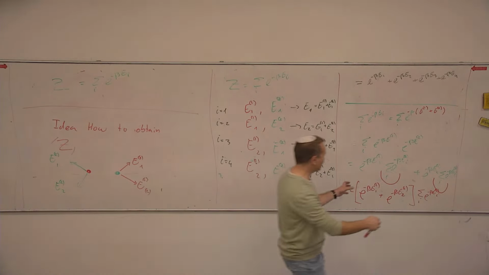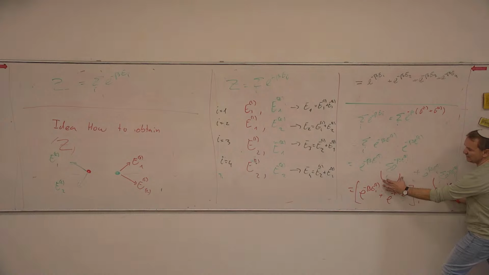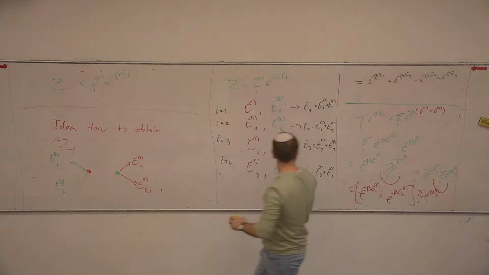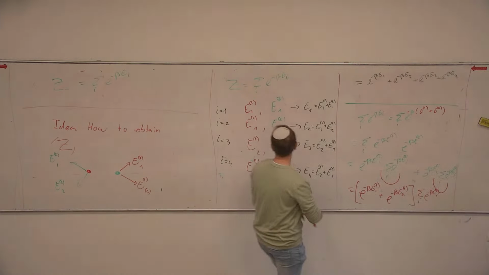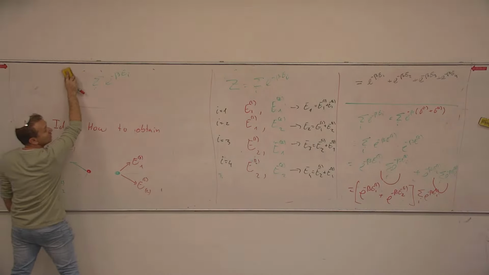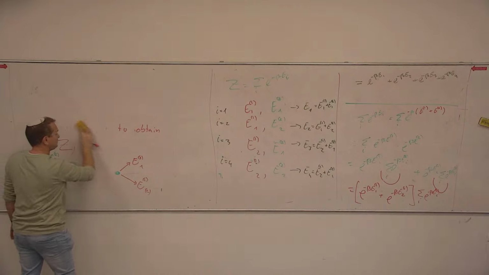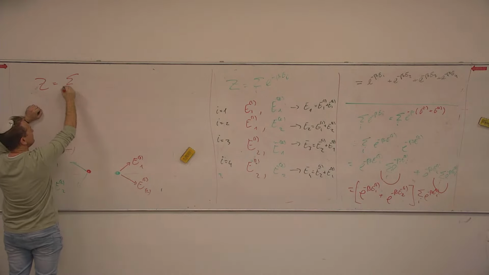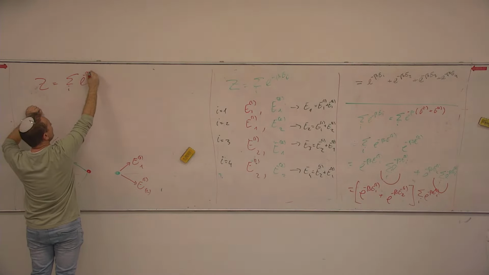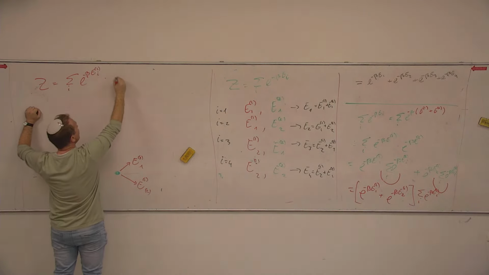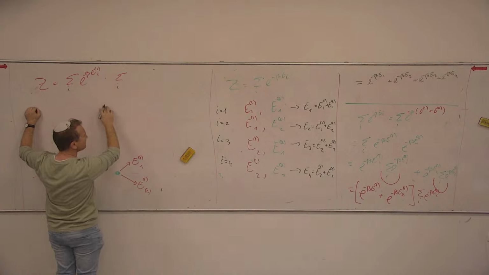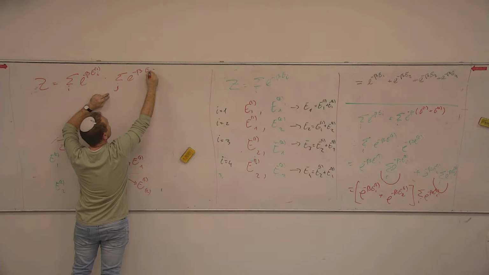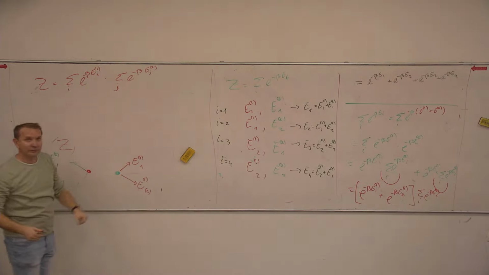I just have taken this part, which is exactly the same, but multiplied this term and that term. And look what I've got. Instead of writing this as E plus E, I'm writing it as Z equals the sum over I of e to the power minus beta E1,I, multiplied by the sum over J, it doesn't matter what the index is, of e to the power minus beta E2,J. This is what I managed to achieve.